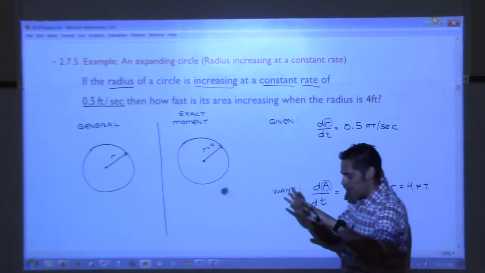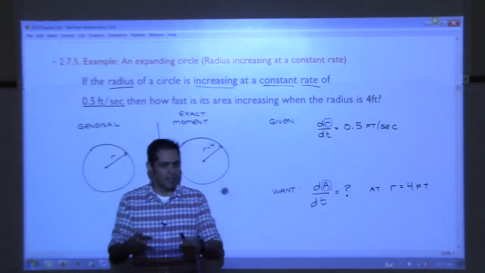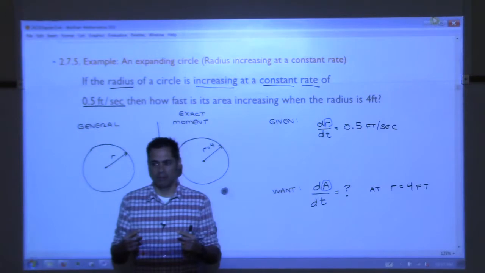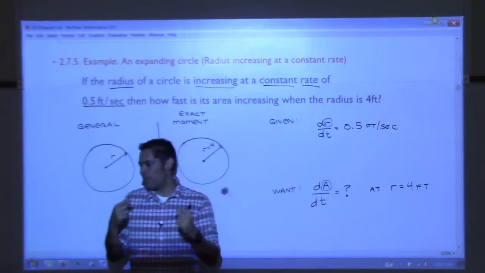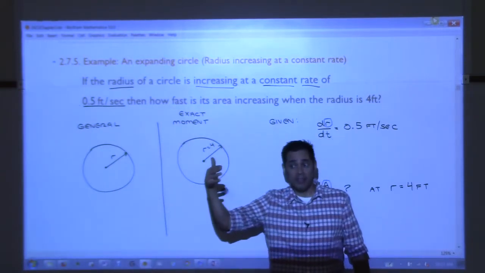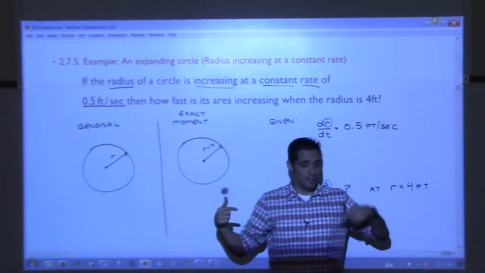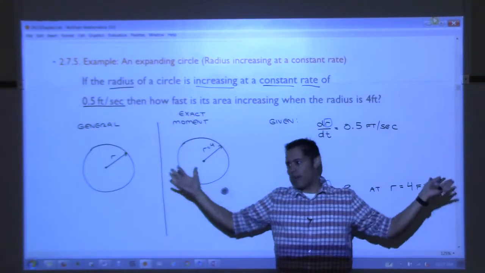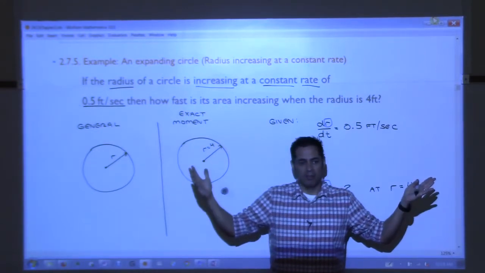Hold on, back up. If you have an equation that has A and r in it, and you differentiate it with respect to time, what must pop out of that? dA/dt, right? And dr/dt must come out somewhere, right? It has to.